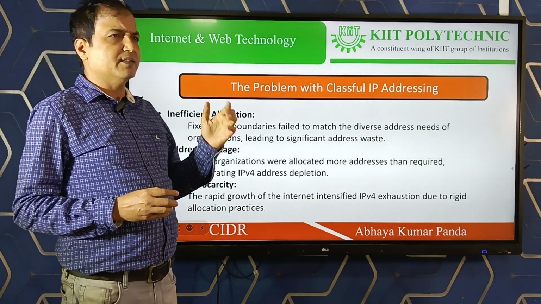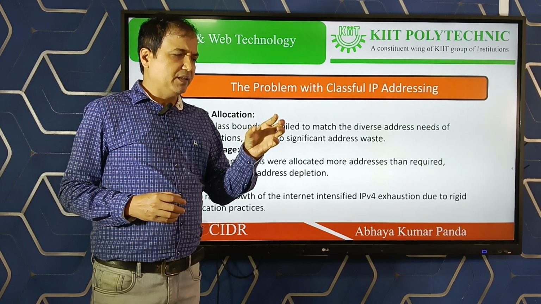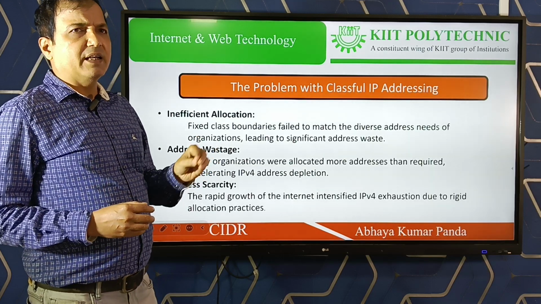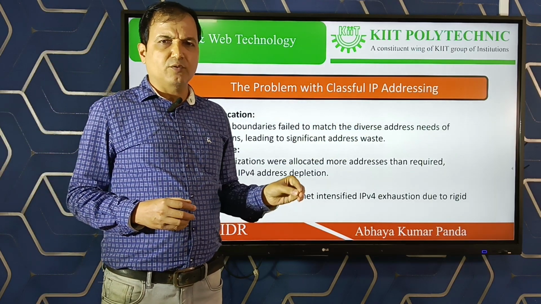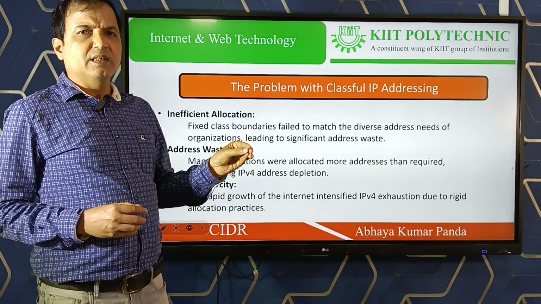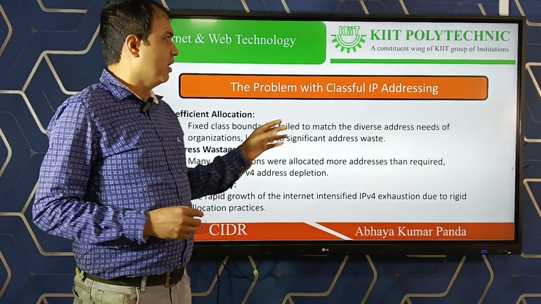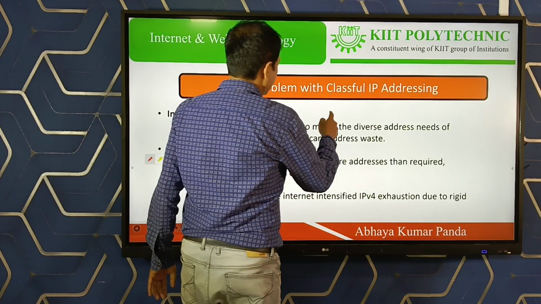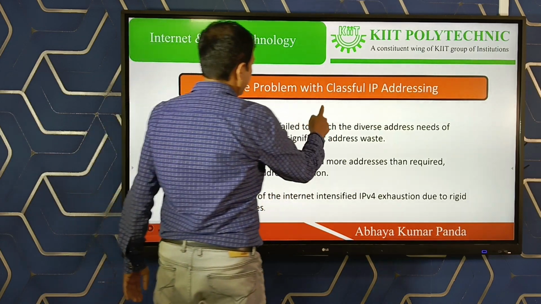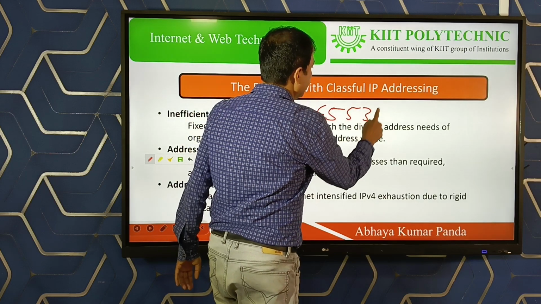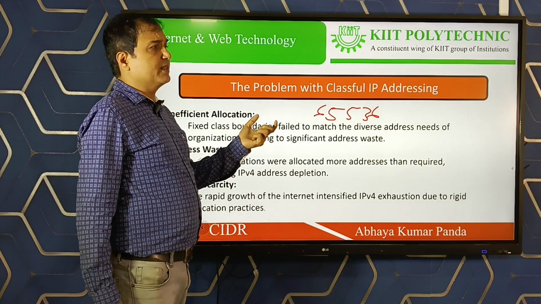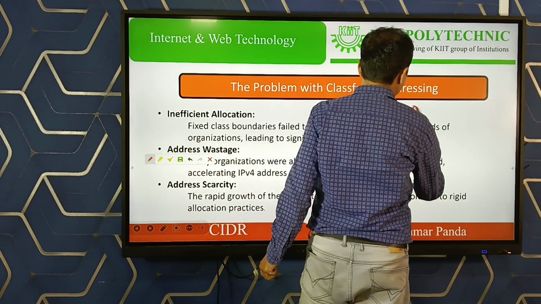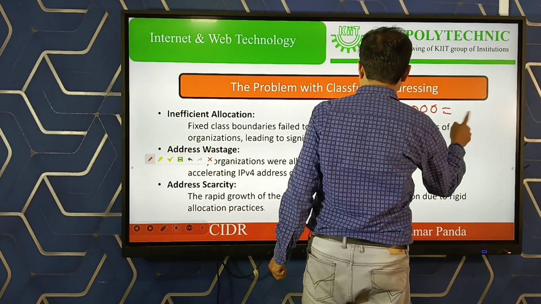For example, if an organization requires 2000 addresses, we give it a class B network, but the size of the class B network is 65,536. If an organization needs only 2000 IP addresses, the rest of the IP addresses are wasted.